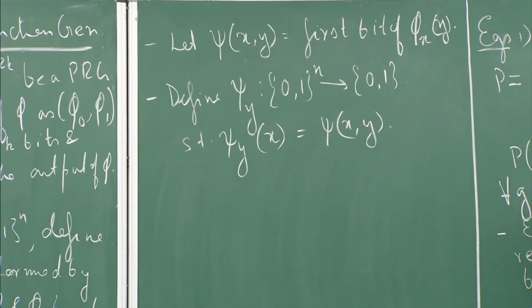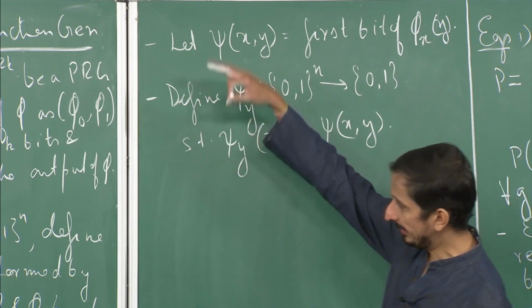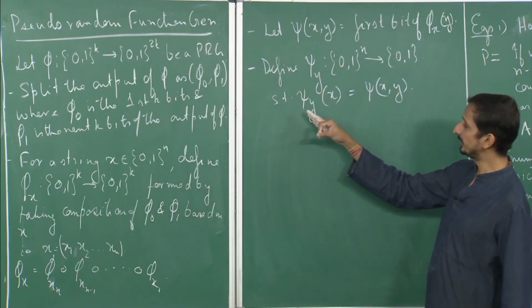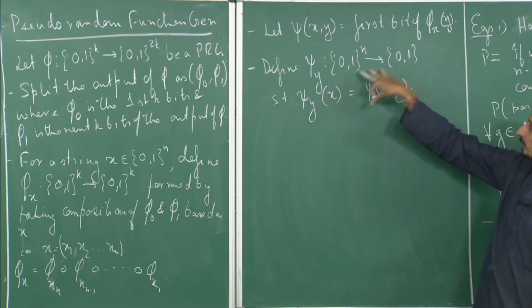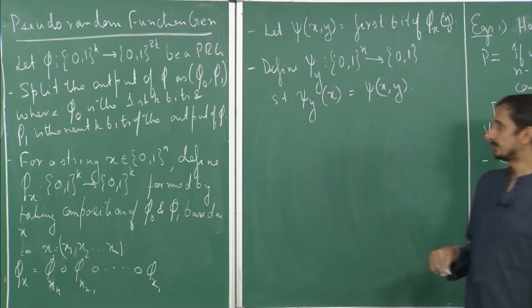Okay. So what have we produced now? Using this we have actually produced a function from 0 1 to the power n to 0 1.